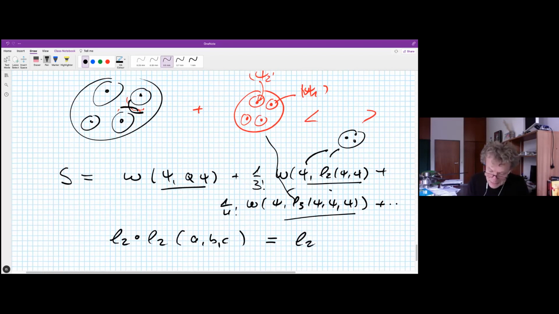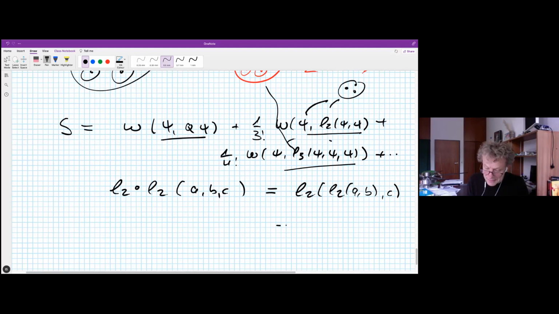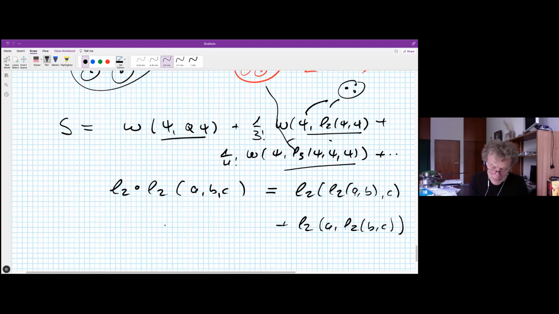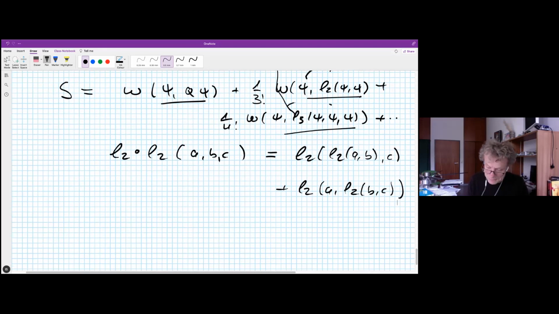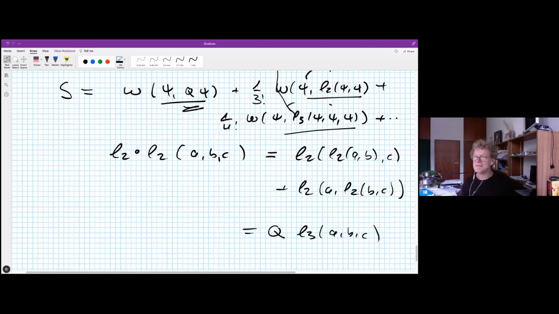What I mean by this is L2 of L2 of A, B with C plus L2 of A, L2 of B, C. That actually is not equal to 0, but this is equal to Q, which is this Q here, of L3 of A, B, C. And this is precisely the defining equation for a non-associative algebra.